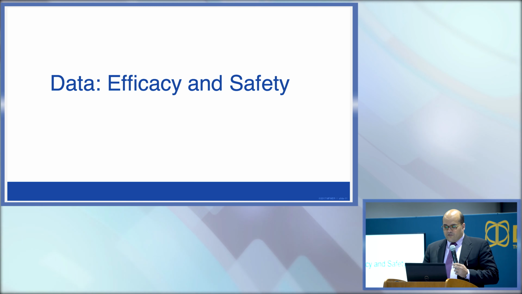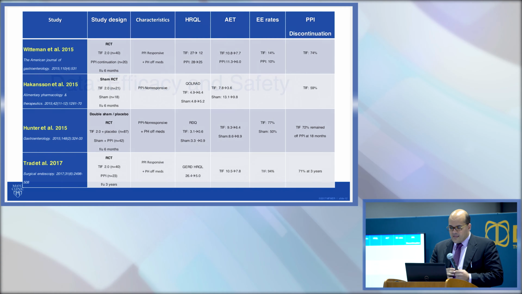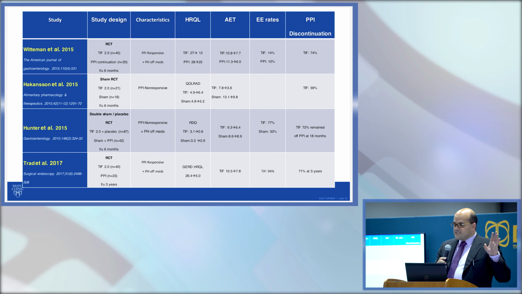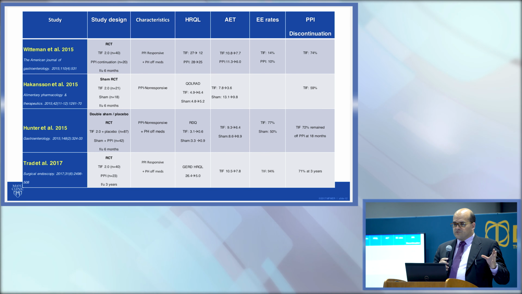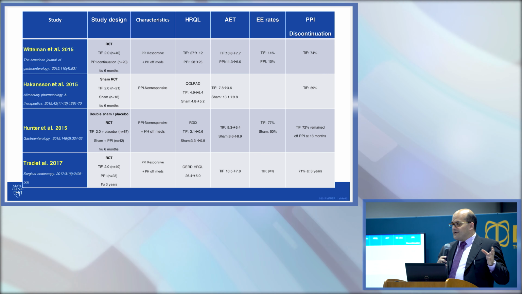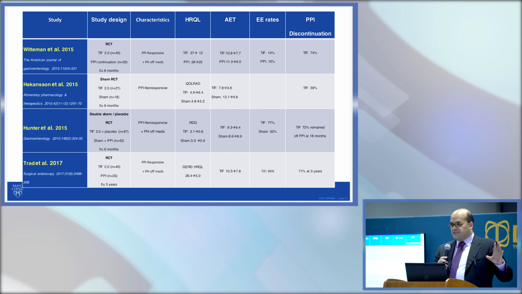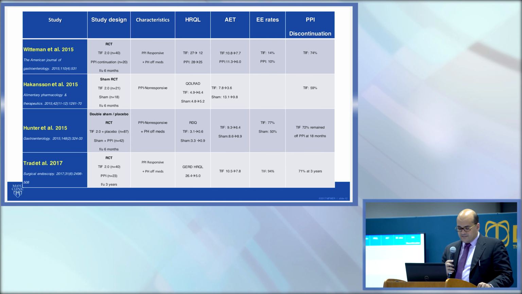So what about data of efficacy and safety? I only summarized the randomized controlled trials. There's 4 of them. It's very important when you review these trials, and actually there's going to be a publication in Gastrointestinal Endoscopy that goes over the literature in great detail. It was accepted actually this week.